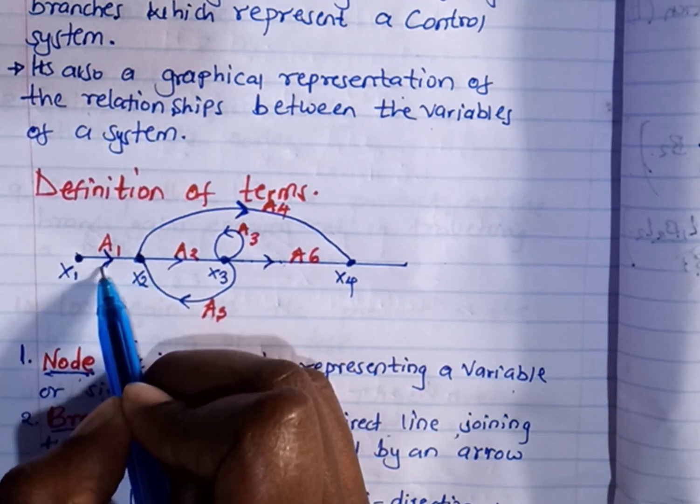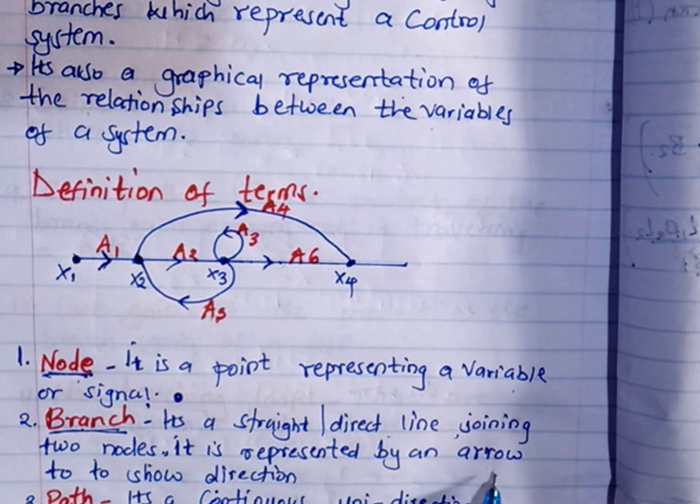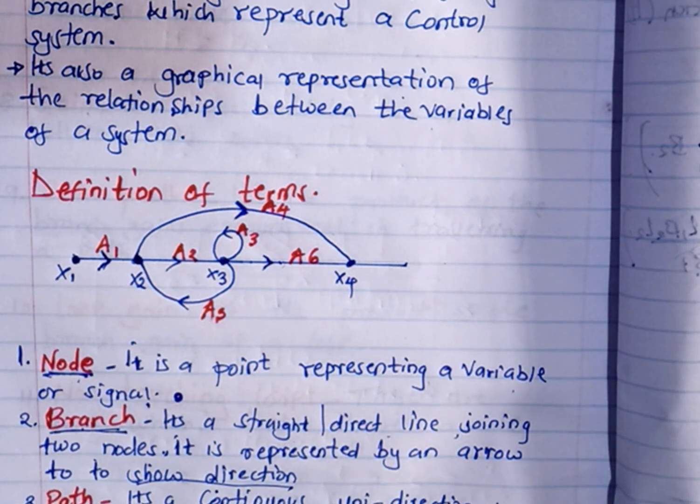And of course, I have to show the direction like that. You have to indicate the direction for a branch.